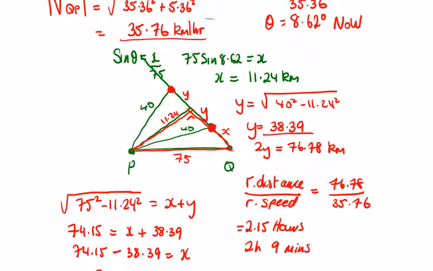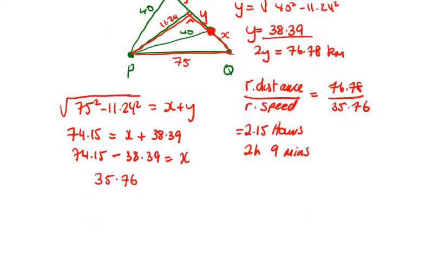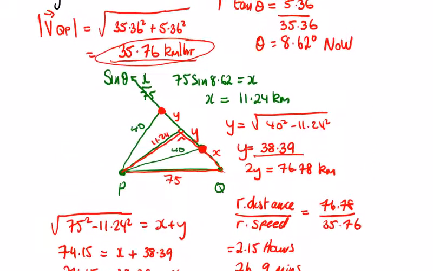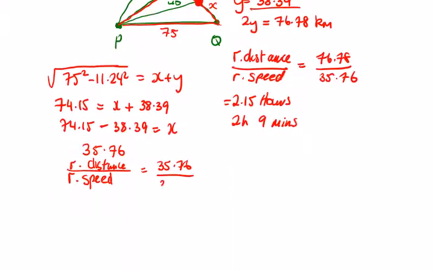which is also the relative speed. So you can see here it's going to take an hour. So relative distance over relative speed is equal to 35.76. That was the distance we just got, and the speed 35.76, which is equal to 1 hour.